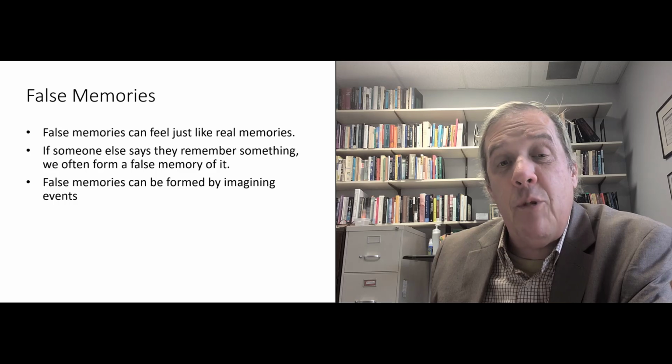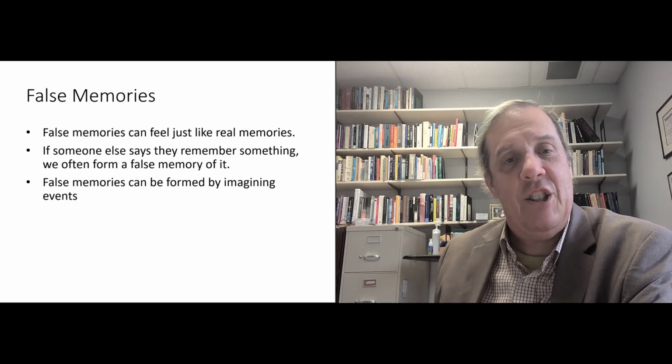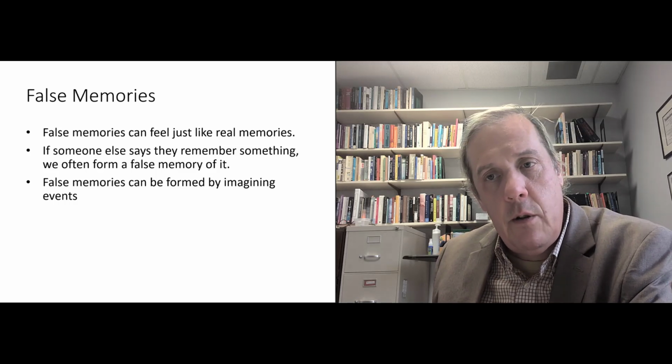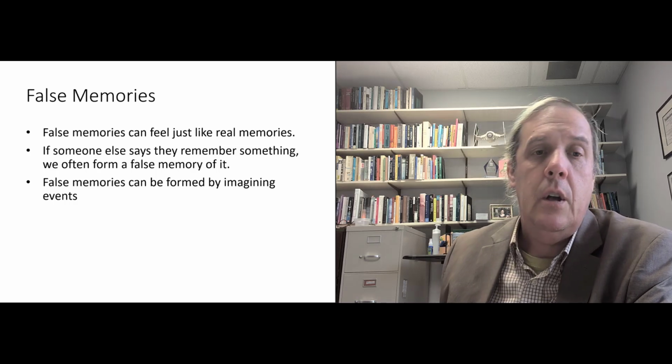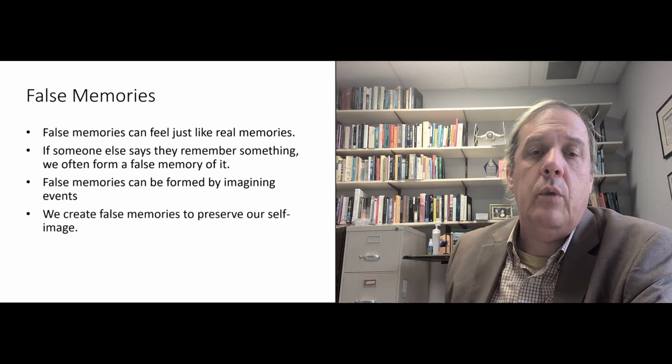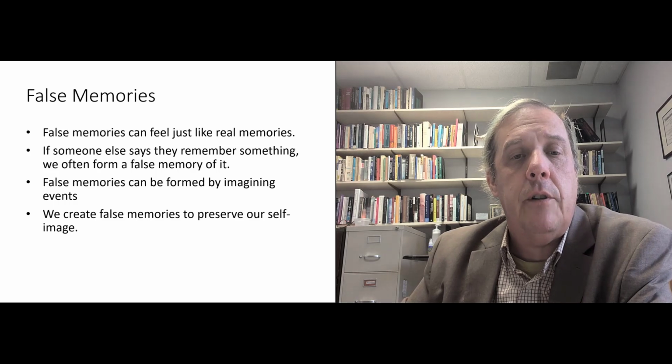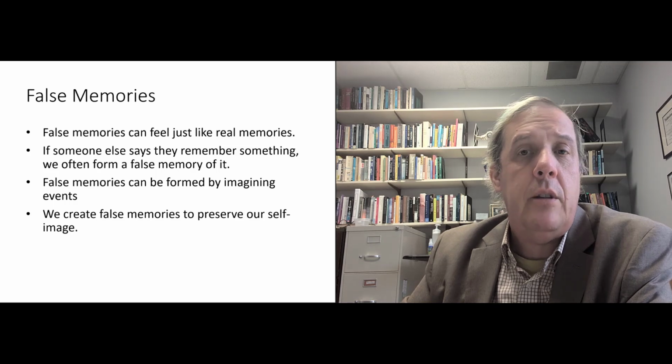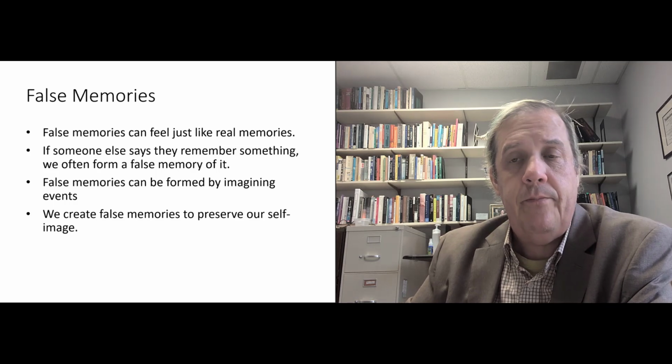And so, again, false memories of crime scenes will often insert minorities in there where they weren't there previously. And we all create false memories to preserve our self-image. When we remember something, we remember it in a way that makes us look better.